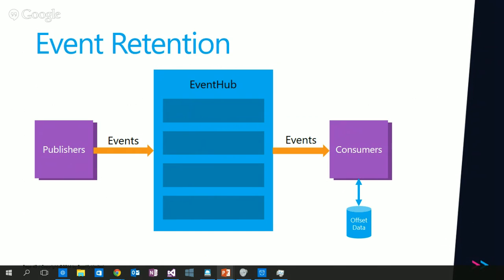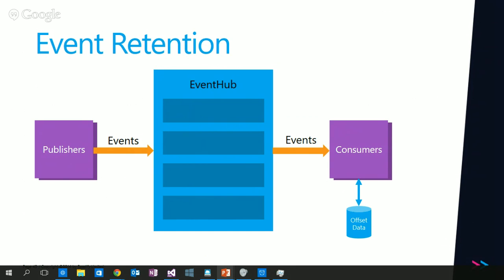The amount of time that they're retained is based on that retention period, but also the amount of storage you've got. One of the earlier slides talked about throughput units, and I'll come back to throughput units in a little bit, but each throughput unit gives you an allocation of gigabytes for event storage.